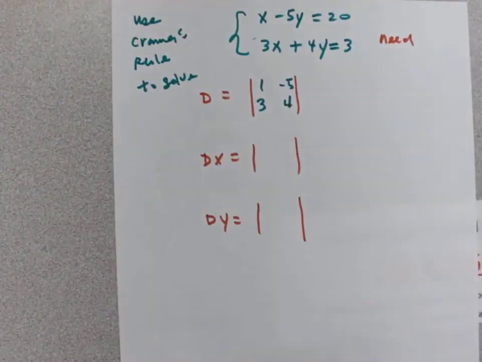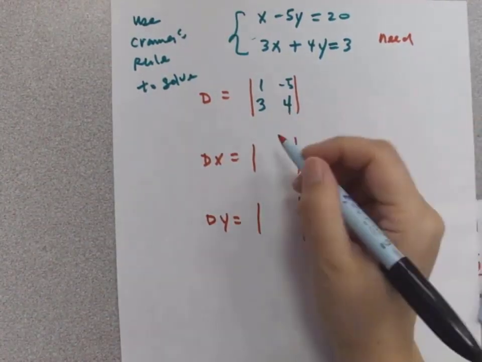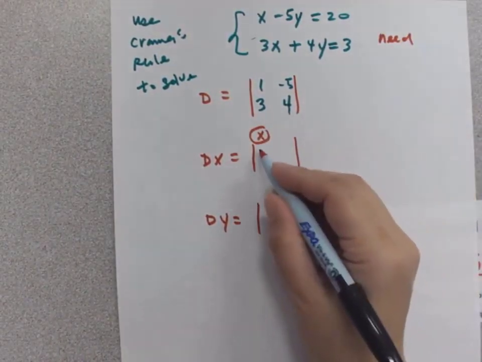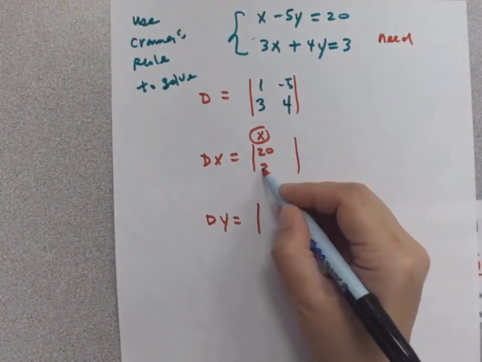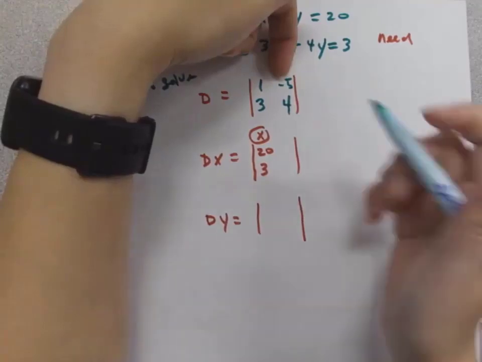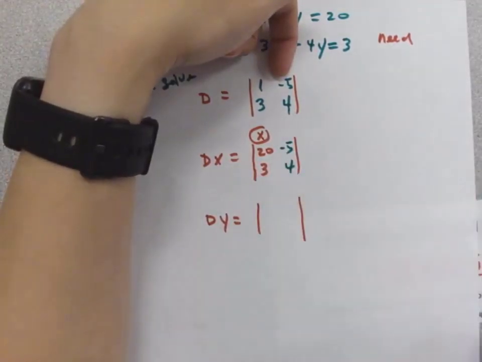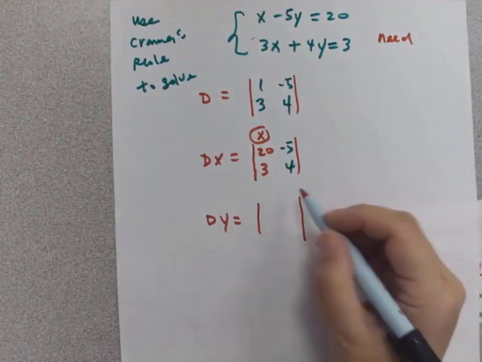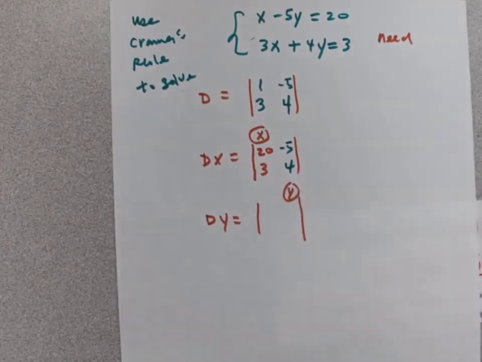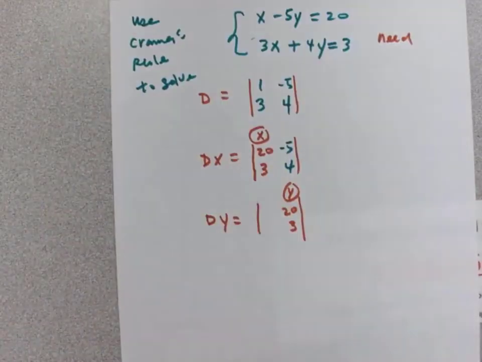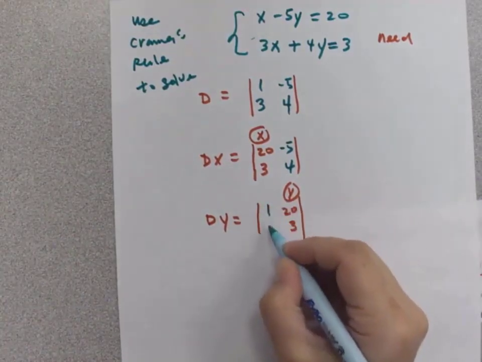When I get to the dx, I'm changing my x coefficients to the answer part, which is 20 and 3. The rest is the same as the d part, so we have -5 and 4. When we do dy, we are switching out the y coefficients with the answer, which is 20 and 3. The rest is the same as the d, which is 1 and 3, right?